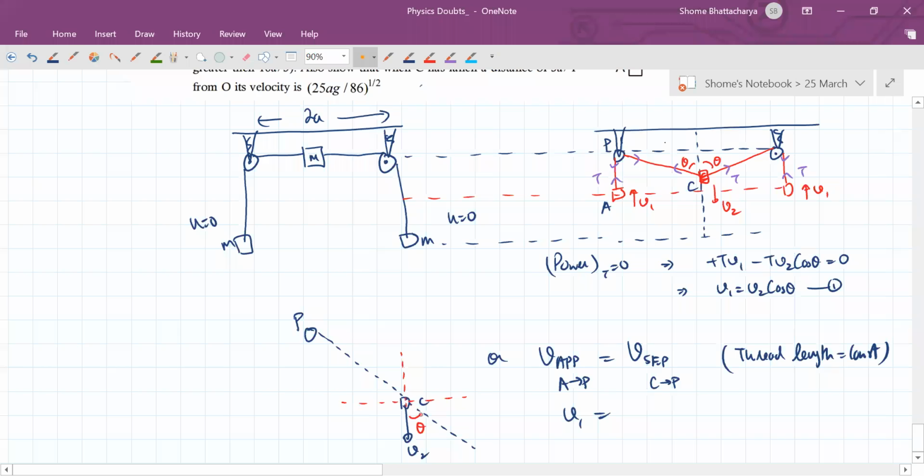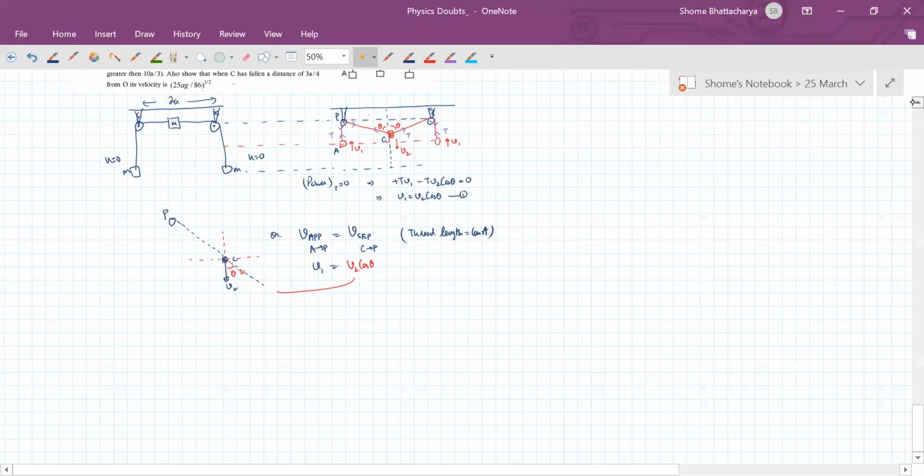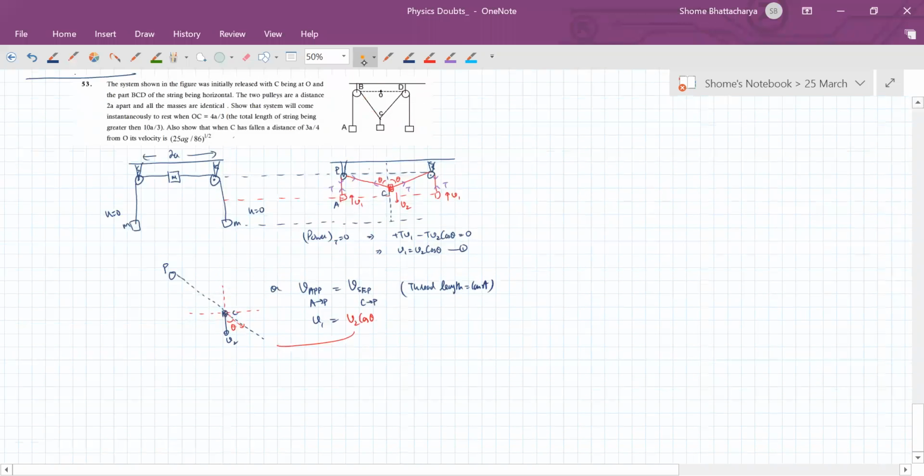So C's velocity component along this line is v2 cos theta. So that is the rate at which C is, at this instant, separating with respect to the point P. Okay, so that concept I've just explained again over here. So this is another way in which you can solve the constraint relation. Okay, so this is clear, I hope. Constraint relation, first of all. Same thing.